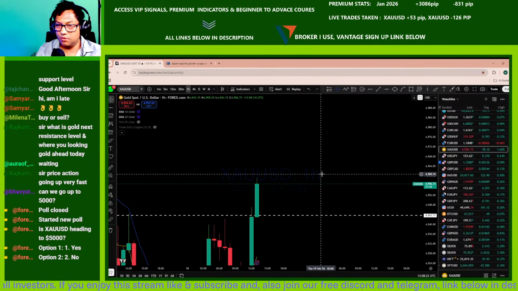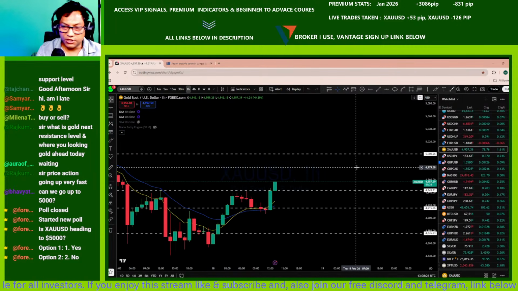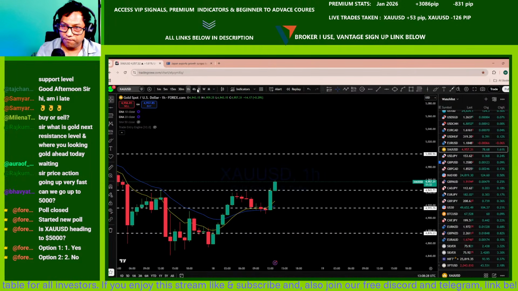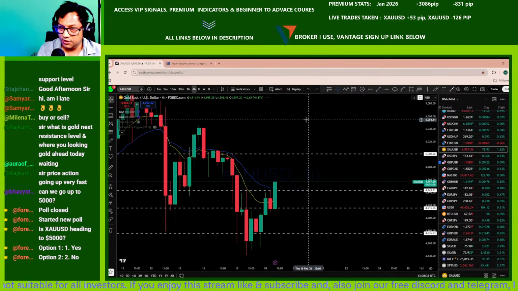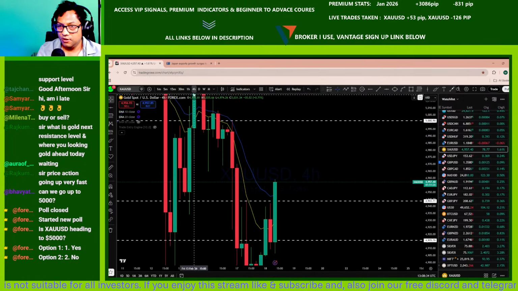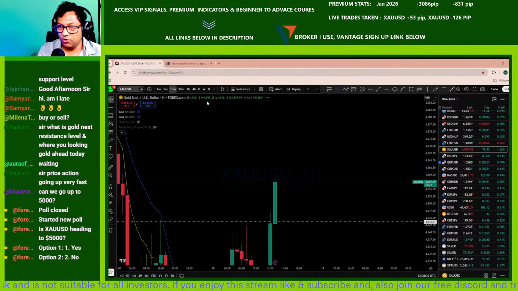Here's the support, and I'm looking for the market to have rejection of this level. Daily price is still moving in the direction of the trend, and here I'm looking for the price to go up, creating a new higher high.